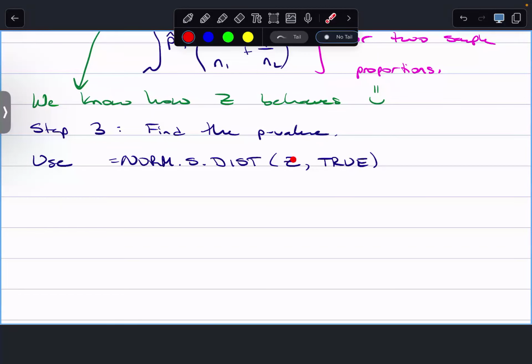Sometimes if you have a positive z, then you need the area to the right, so then you need to do 1 minus.